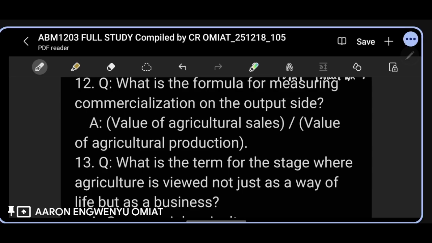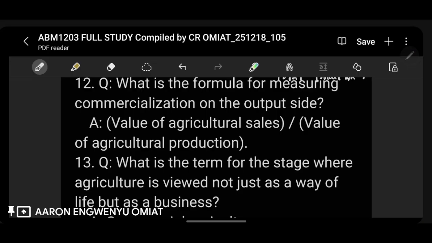What options do you think? Agriculture is viewed not just a way. I failed that. It's confusing me.